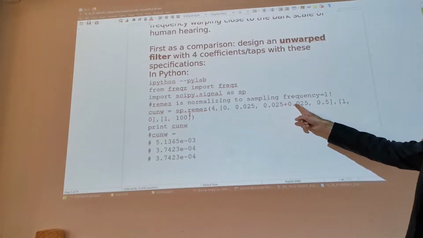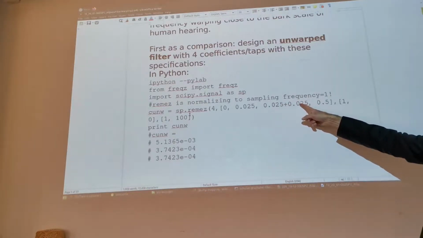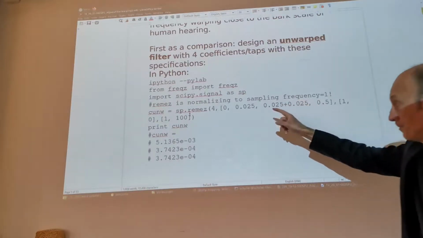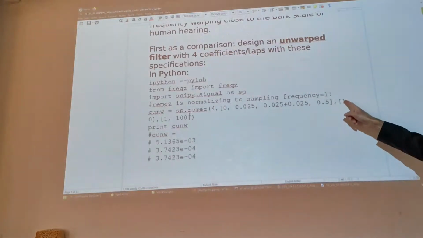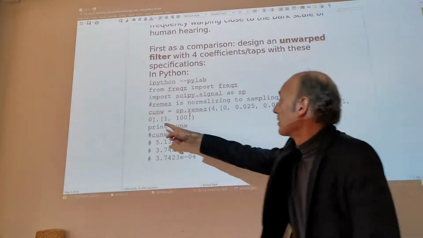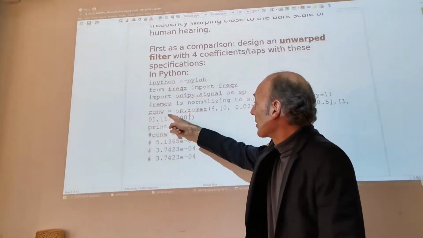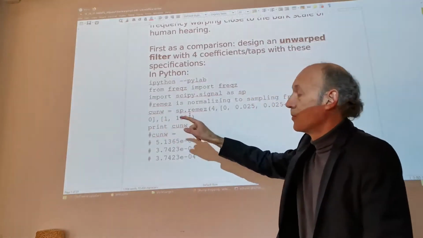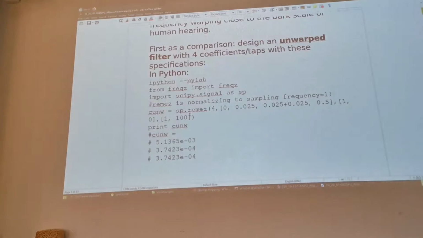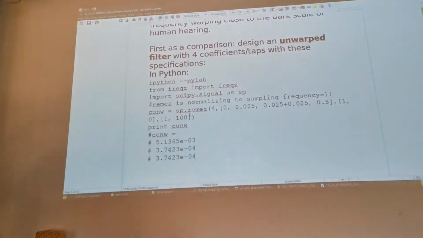So here the stop band starts after some transition band. So this is the transition bandwidth. Right. Then I have weights. So the passband is the first band. The stop band is the second band, so the desired output is here 0. Then the weight is 1 for the passband and 100 for the error in the stop band. So this usually gives us a good filter, like 40 or 50 dB attenuation.